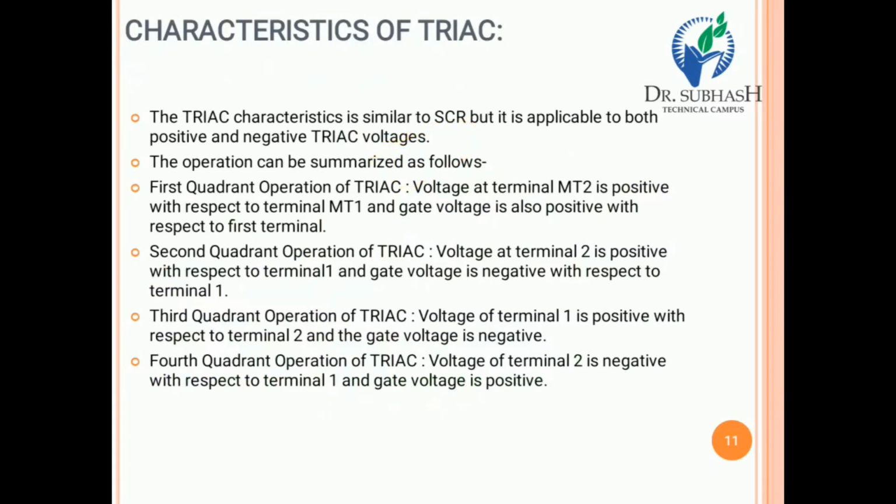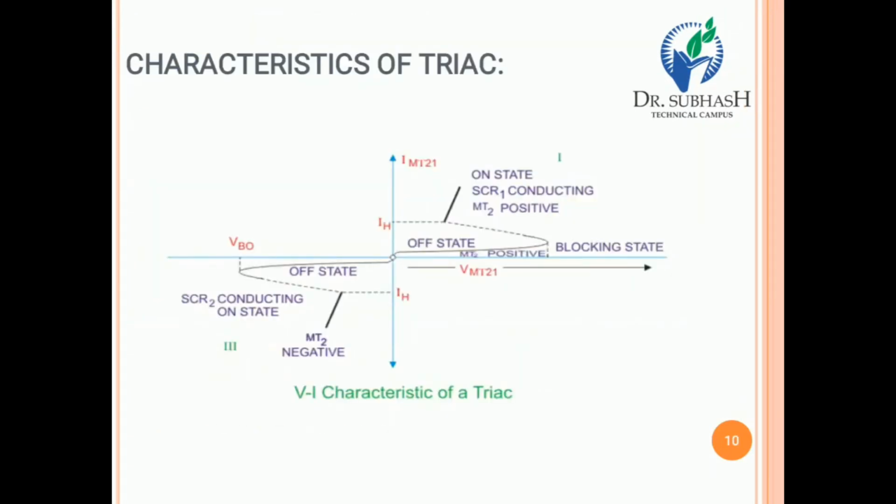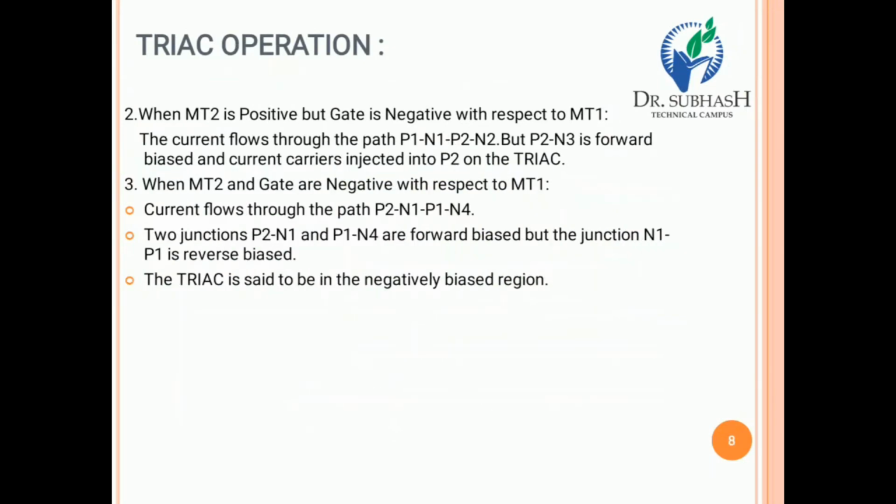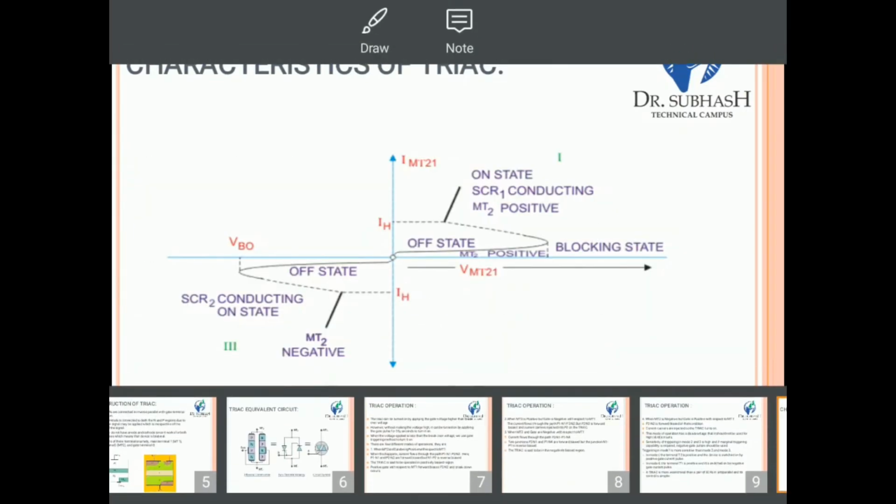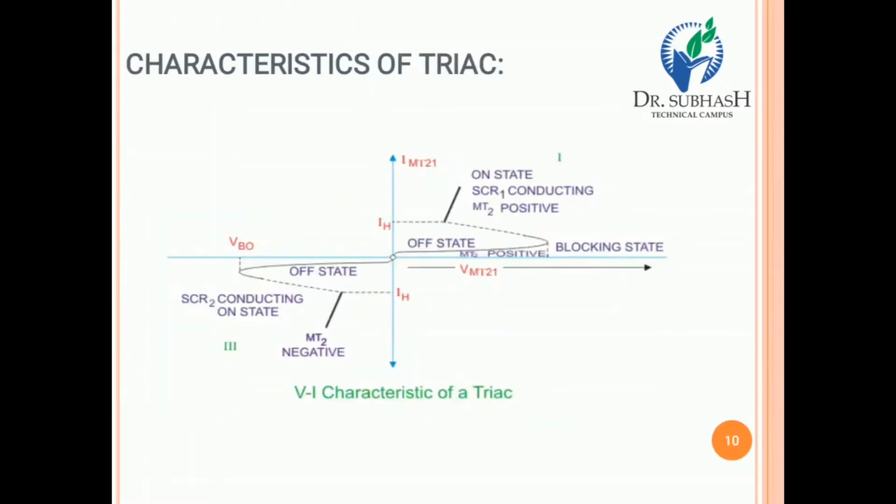So if we increase the voltage in the positive direction, that is the voltage VMT1, it goes to the on state, SCR1 conducting, since MT2 is positive. In the second case, SCR2 is conducting in the on state. That is our third quadrant, right? Due to MT2 being negative.